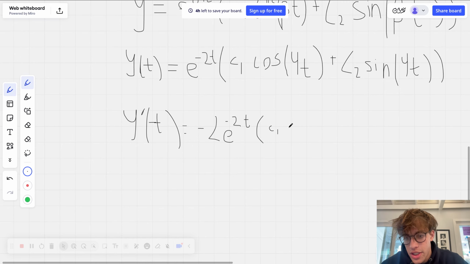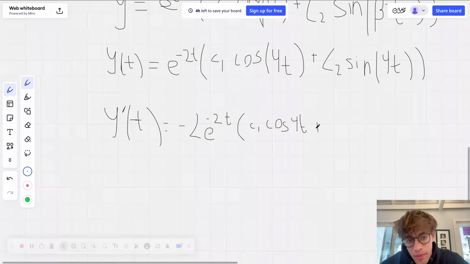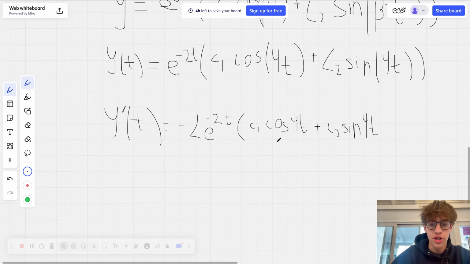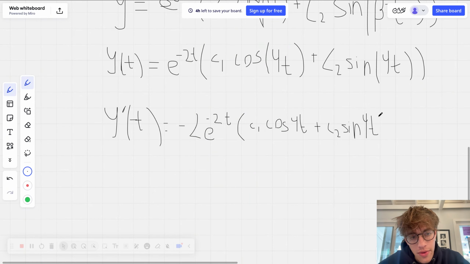I'm going to solve for c1 and c2 after getting both of these. When I wrote it out I did 2 prime 1, 1 prime 2, but either way works since you add them.